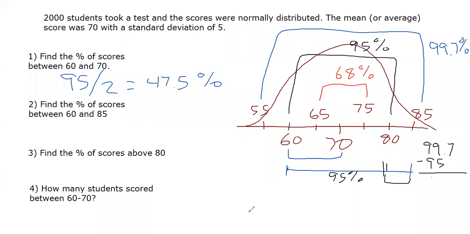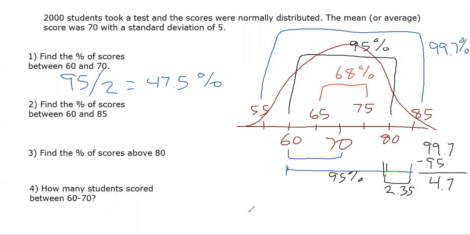So if I subtract that, I end up getting 4.7. Well, that's going to be both sides. We only want one of those, so if I cut that in half, I end up getting 2.35% landing between either the 80 and 85 or the 55 and 60.